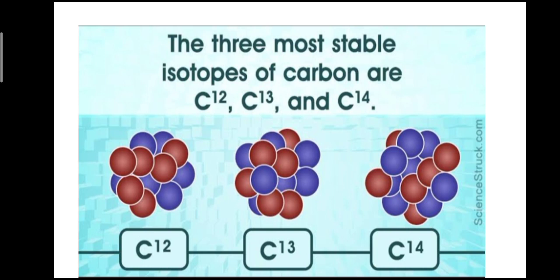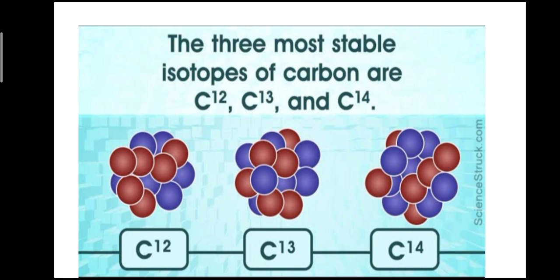Let's take the case of sodium. The mass number is 23 on the carbon scale. It is a simple idea. Here the sodium is 23 times heavier than 1 by 12th of the mass of one carbon-12 atom. Right?